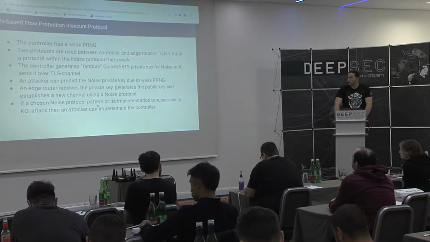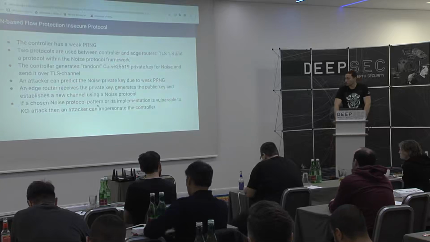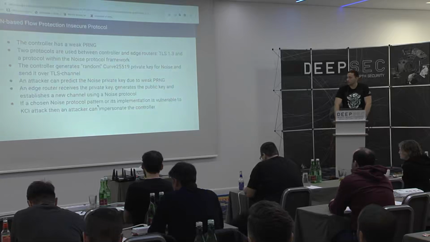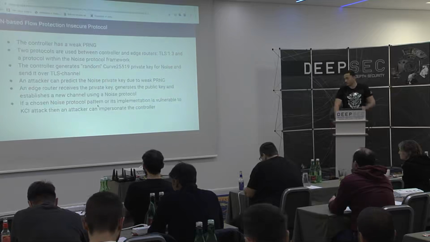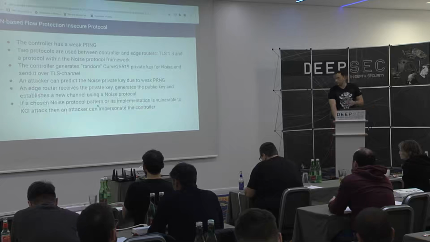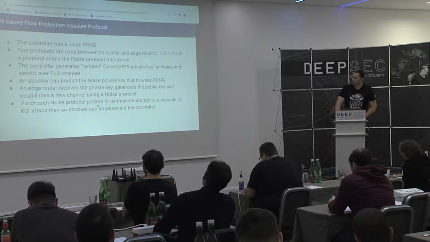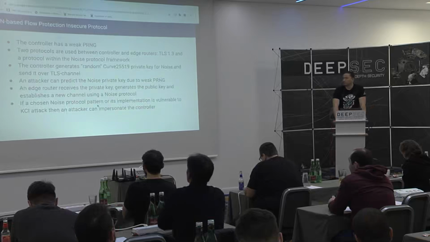An attacker can predict the Noise private key due to the weak PRNG, and then an edge router receives the private key, generates the public key, and establishes a new channel using the Noise protocol. And of course, an attacker knows these public and private key pairs.